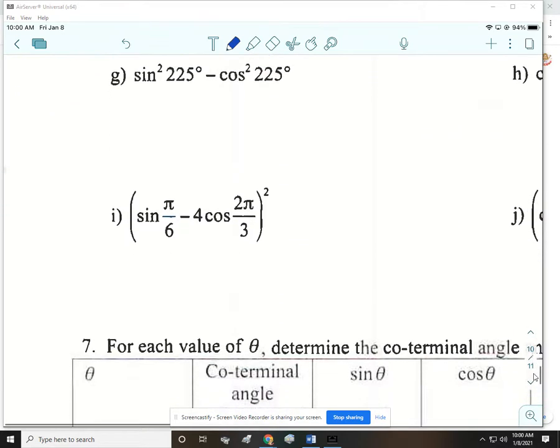All right, G is kind of nice because we only need one triangle because the only angle we see is 225. And we've already done one with 225, but let's just draw it again because the more practice you guys get with this, I swear it's going to be easier and easier.